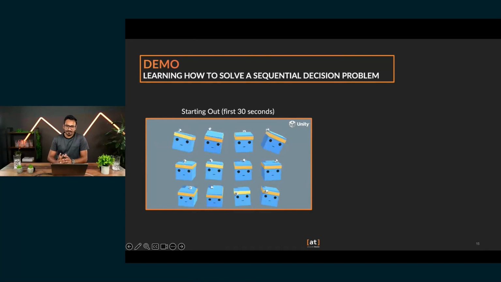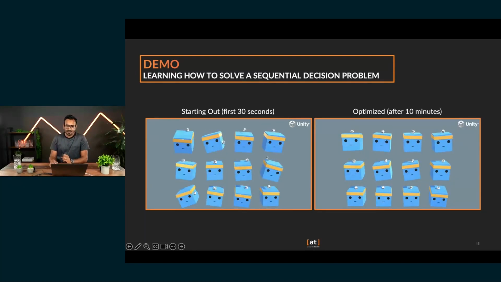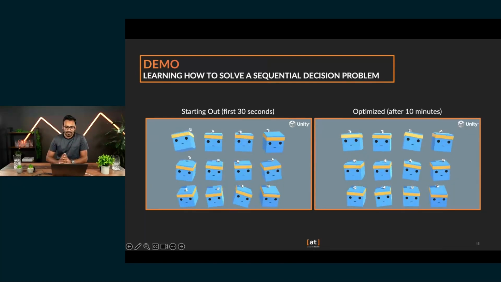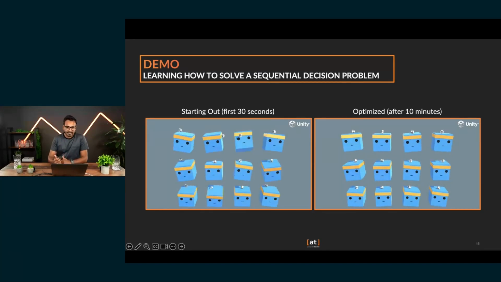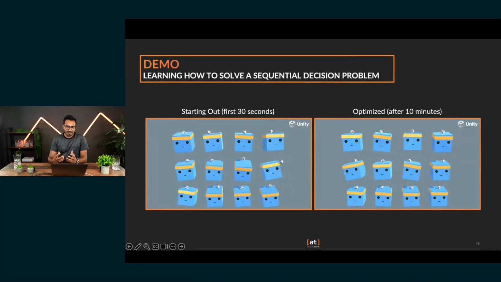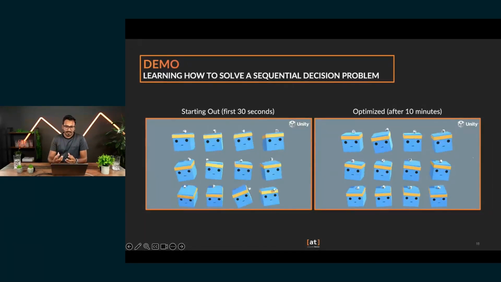As you can see, they are hardly able to do it, and the ball falls out within a couple of seconds. But after just 10 minutes of training, you can see they are pretty good at balancing the ball. They are making smaller adjustments. The ball is relatively stable, and it is hardly moving.